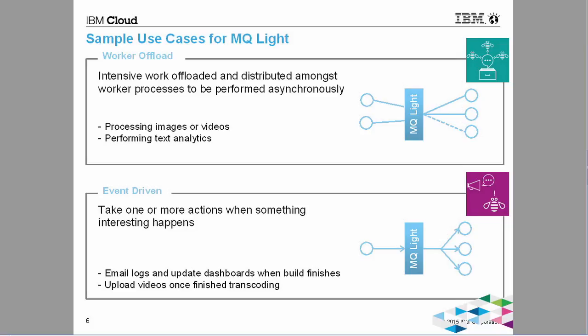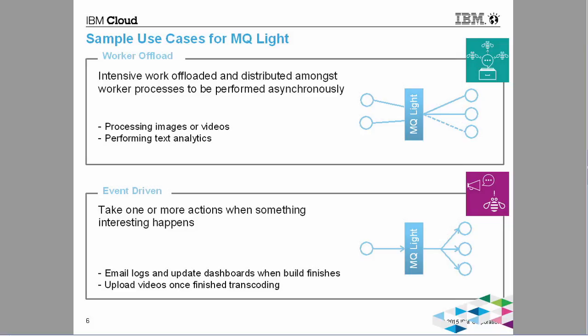Mainly, it takes the intensive work and offloads the application with a distributed worker process, through which asynchronous messaging is performed. So what does it offer? Basically, it offers a lot of scalability, and this pattern supports one of the biggest use cases, mainly processing images or videos, performing text analytics, etc.